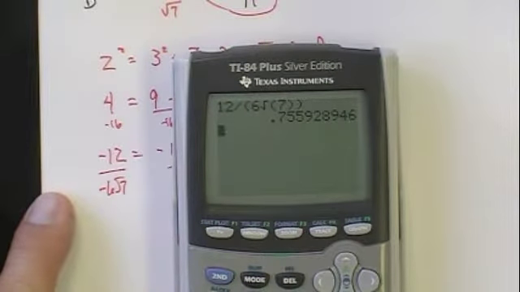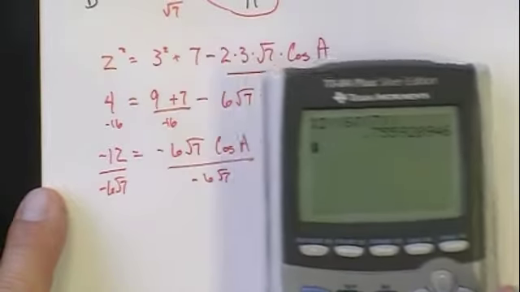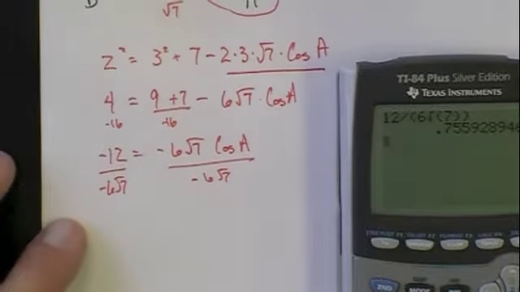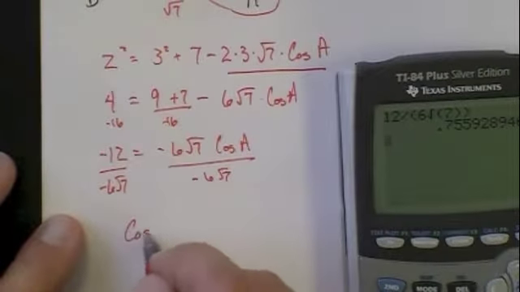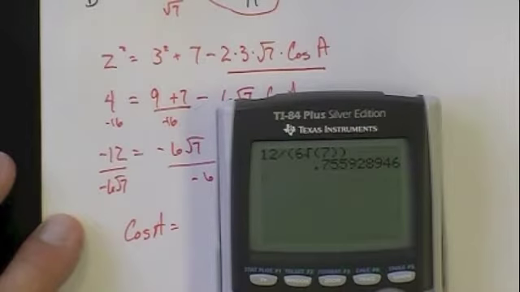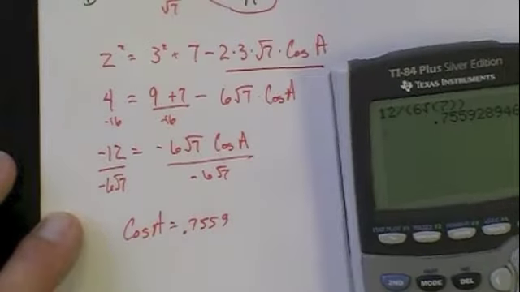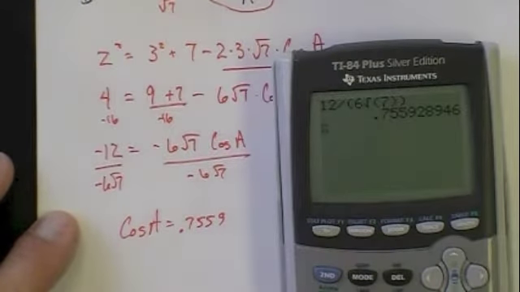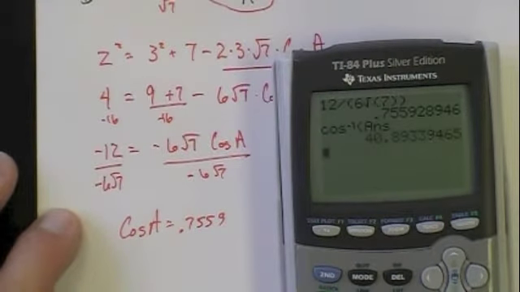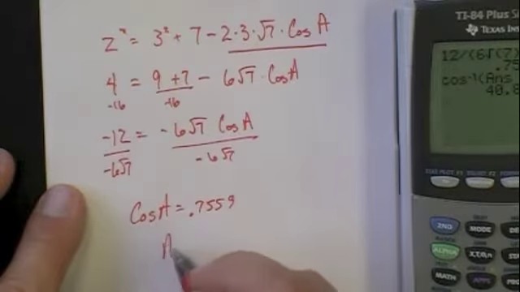So I end up with a decimal value, which is what we should have, and it should be between negative 1 and 1, because if we're going to take the cosine of an angle, it's going to have to be between those two values. So now we have the cosine of angle A is equal to this decimal we just found, 0.7559. Then if I take the inverse cosine of my answer, we can find the angle. So we just found that angle A is about 40.9 degrees.